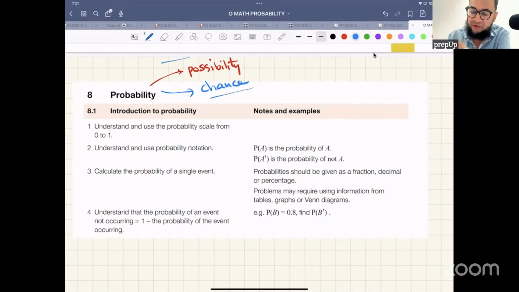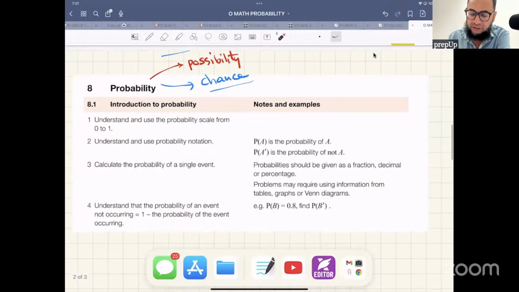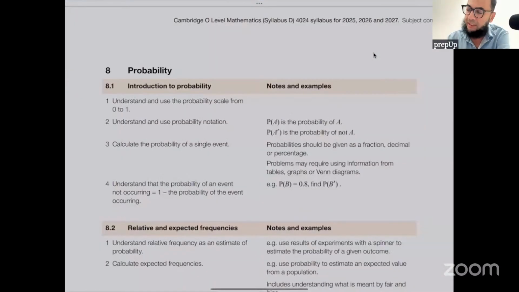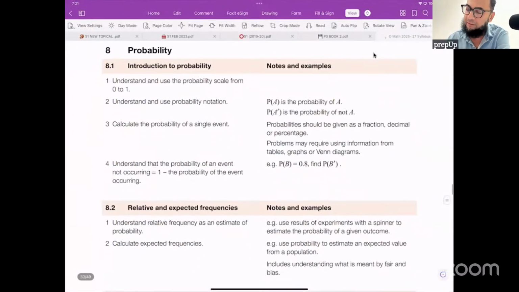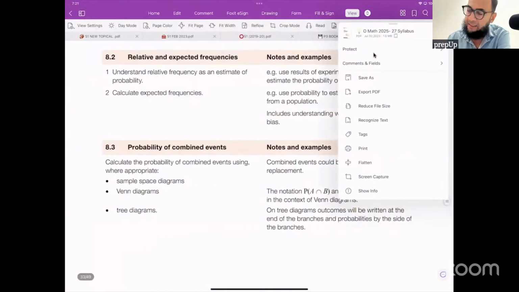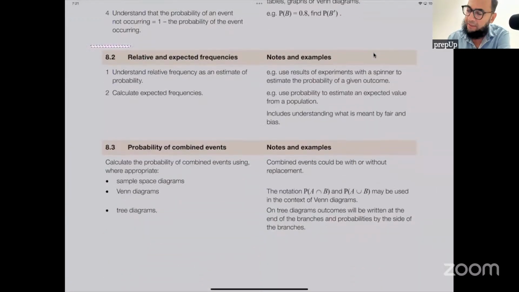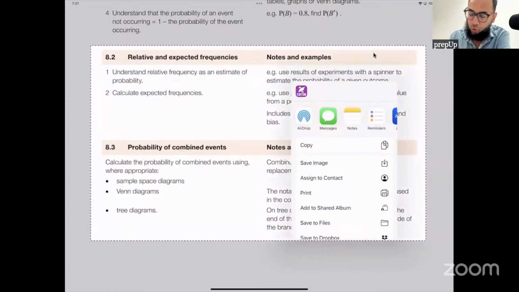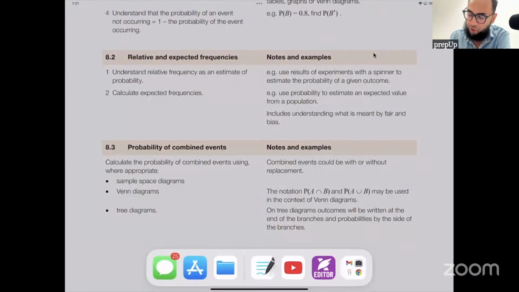So now if I look at the syllabus, it says 8.1, understand and use the probability scale from 0 to 1. I just want to check one thing that is right over here. And let me also add the rest of the syllabus so we can all have a good look at it in one shot.